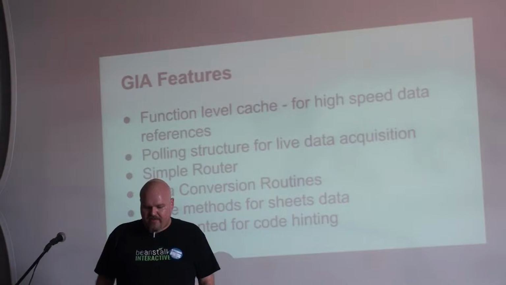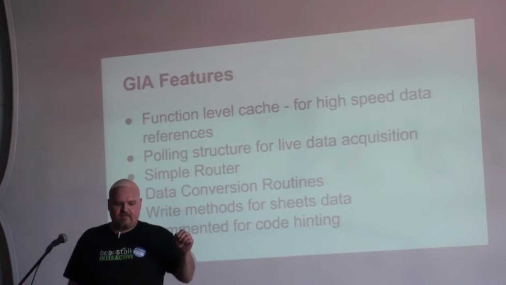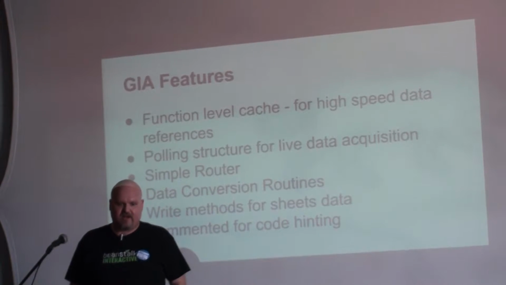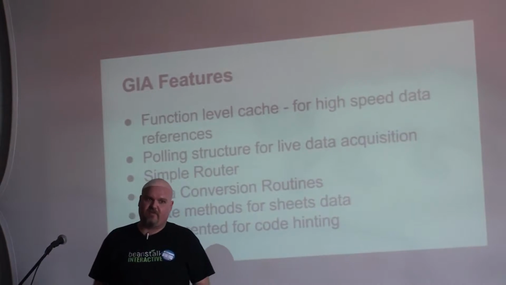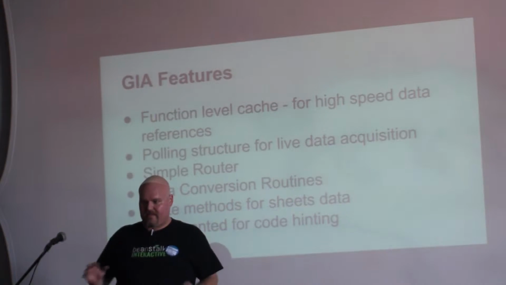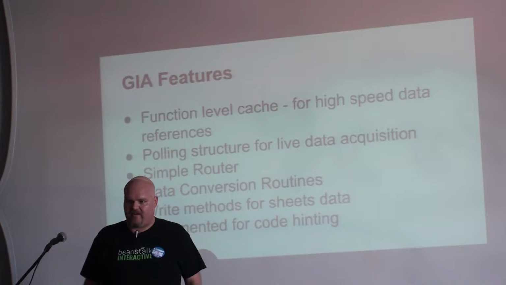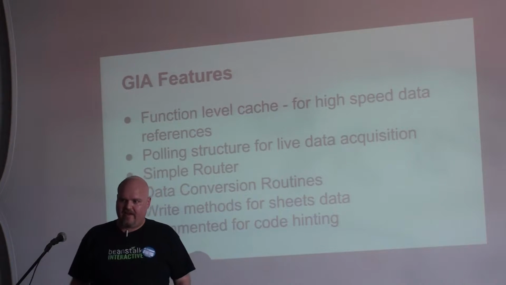There's also a built-in write method, so that when you get to the point where you're writing information back into your sheet, you can use a built-in GF function. This is really useful because, man, it's hard to write data into a Google Sheet using their script solutions. It's also fully commented with .vault comments, so you'll be able to get code hinting when you include the library.